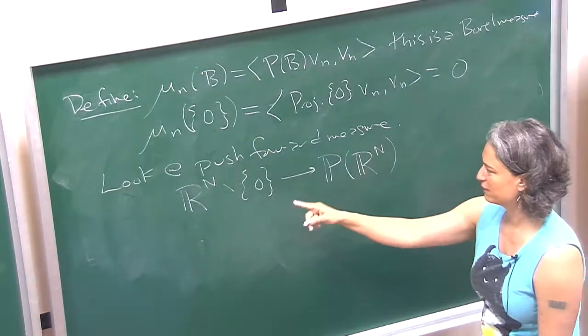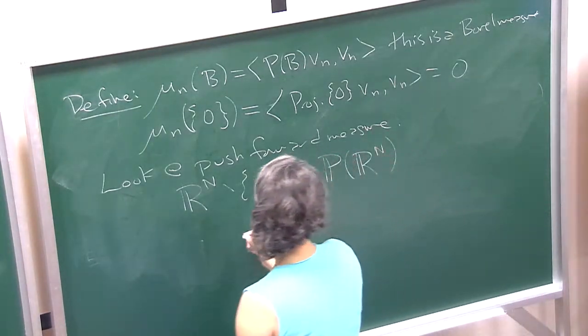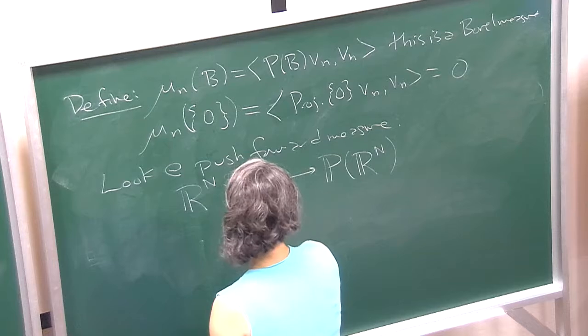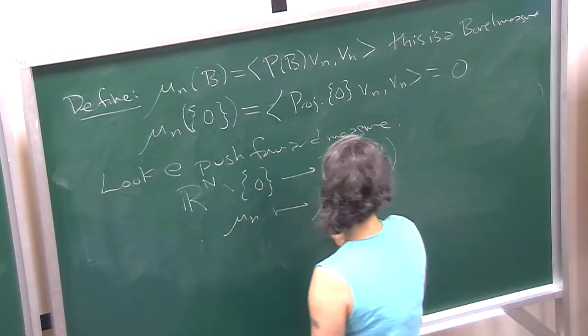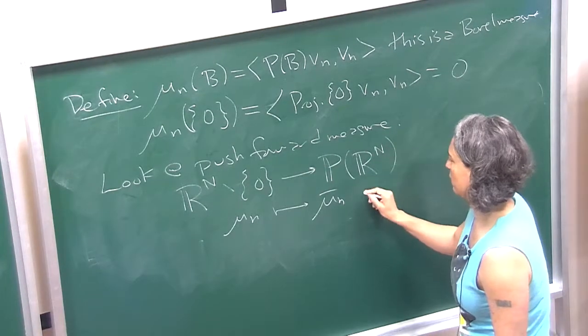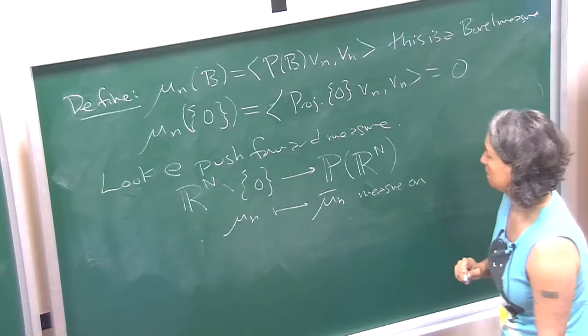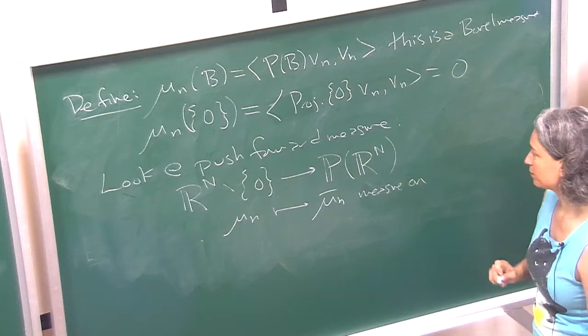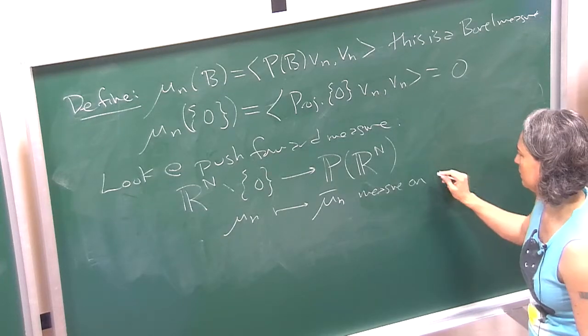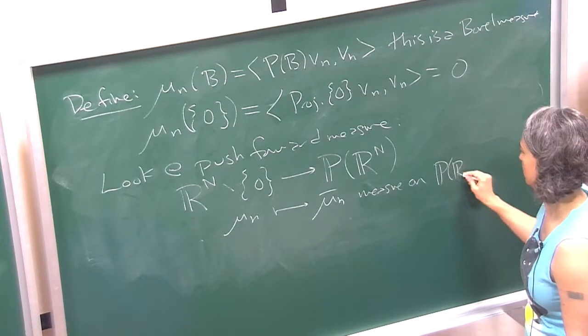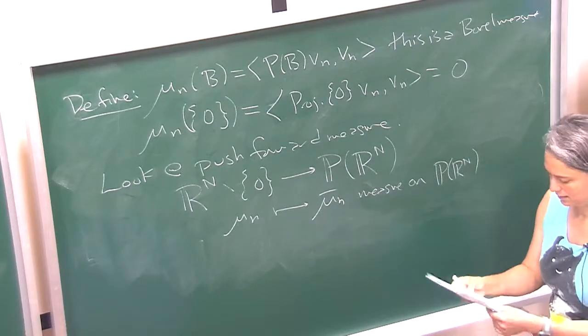I have this map, and I'm going to look at the push forward measure of mu n mapping to mu n bar. So this is now a measure on the projective space.